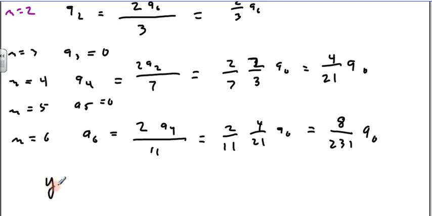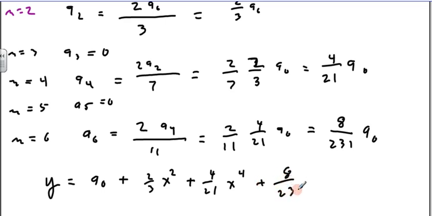So y is equal to a0 plus a2, which is 2 over 3 x squared, because we're skipping the odd terms, plus 4 over 21 x to the 4th, plus 8 over 231 a0 x to the 6th.